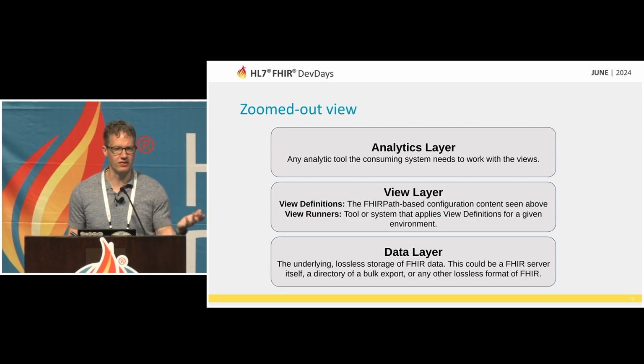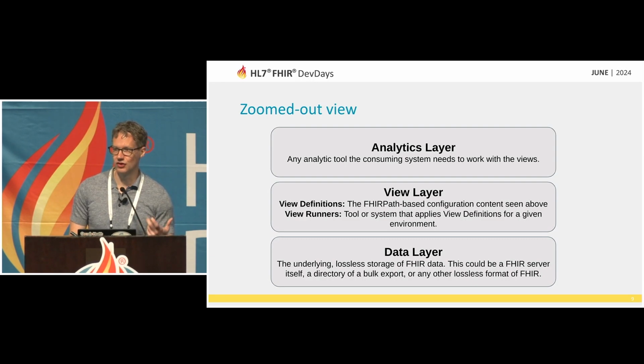I think you'll see in the following session there's a variety of options in this space. It can range from something more like an ETL pipeline to build a table that's actually physically manifested. We actually have some systems that will take these view definitions and apply them on the fly. So if FHIR data is stored, it'll create that view dynamically as needed. The key is you can use the same view definitions, and you can choose the technology stack that fits your use case, that fits the performance characteristics of what you're looking for.